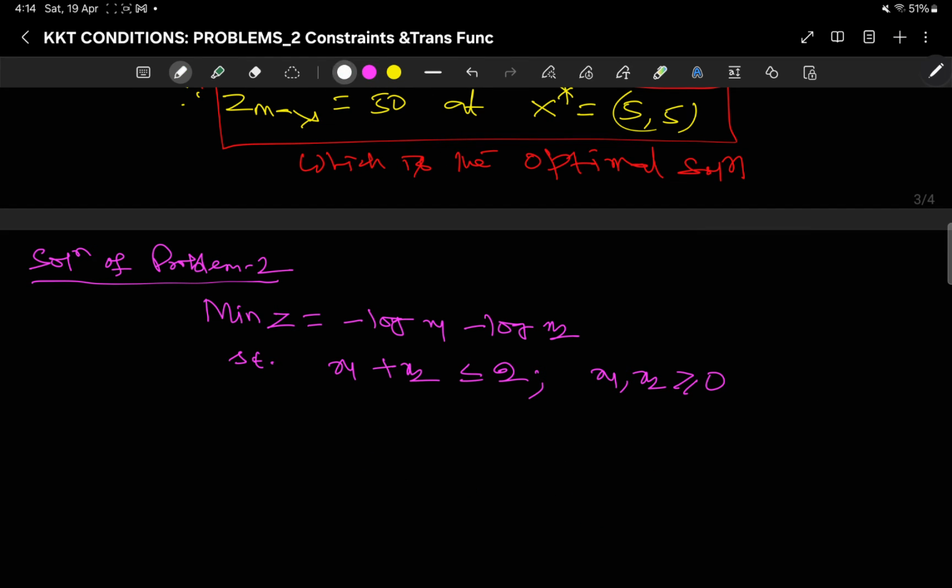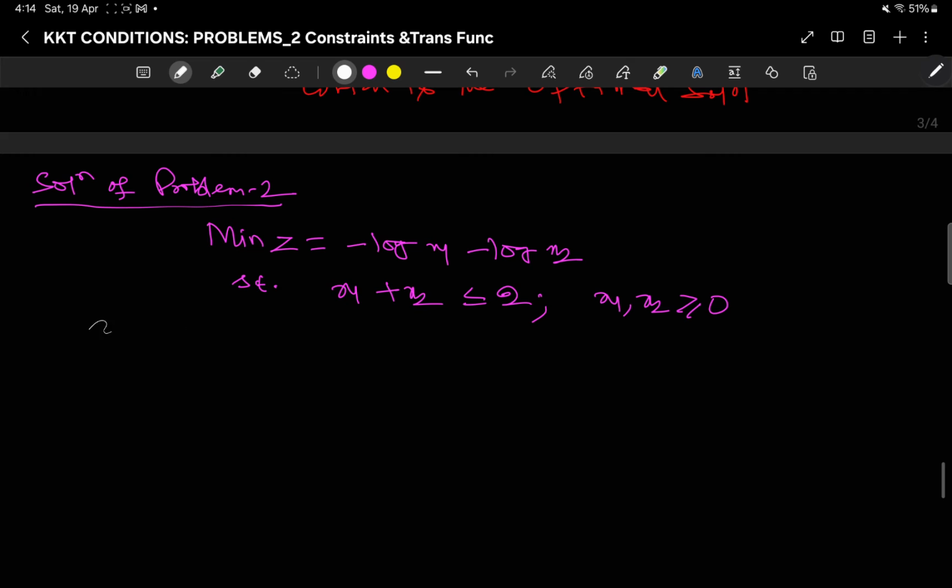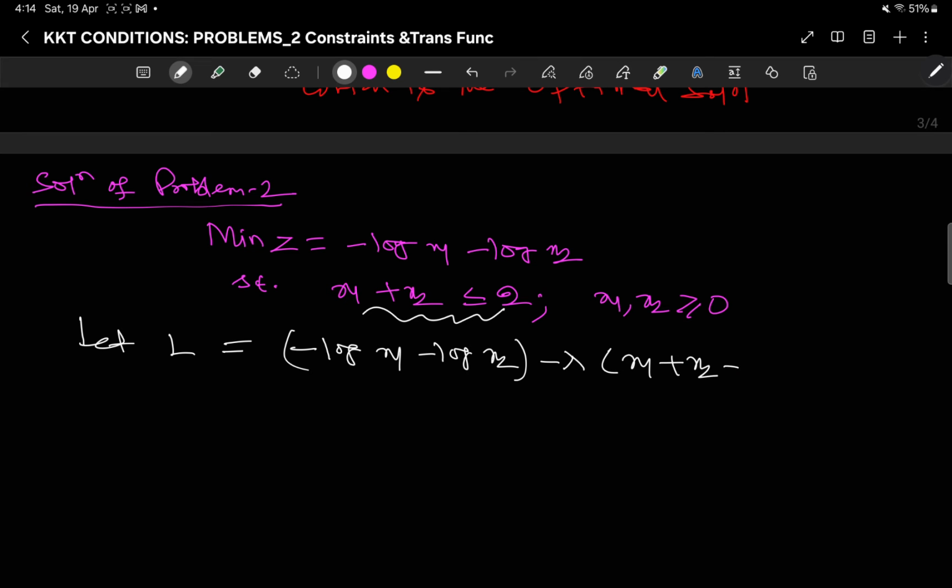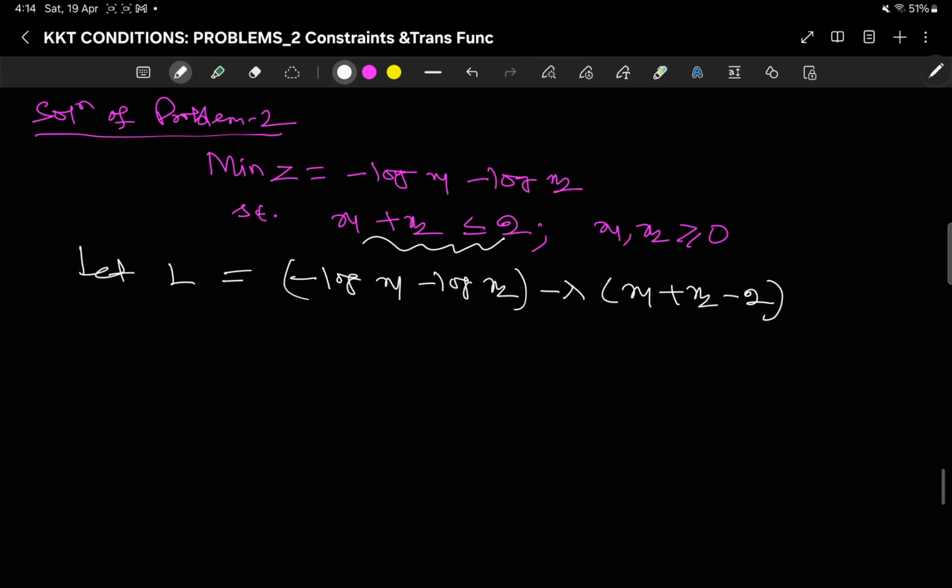Now coming to the solution of this, let L be equal to minus log x1 minus log x2 minus lambda times x1 plus x2 minus 2. Now coming to the necessary KKT conditions.